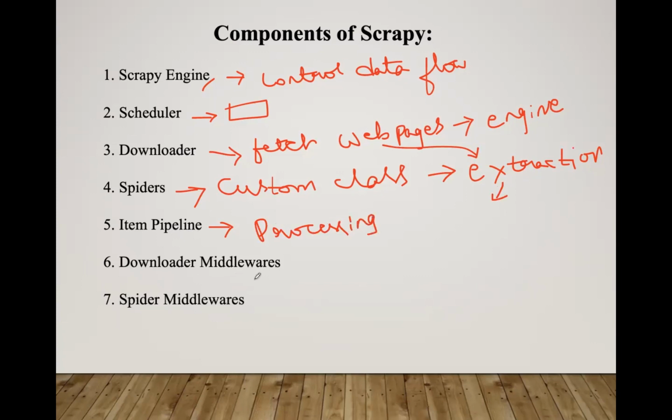Next, downloader middleware. Middleware means it acts as a mediator, right? The downloader middleware sits between the engine and the downloader. Then the spider middleware exists between the engine and the spider.